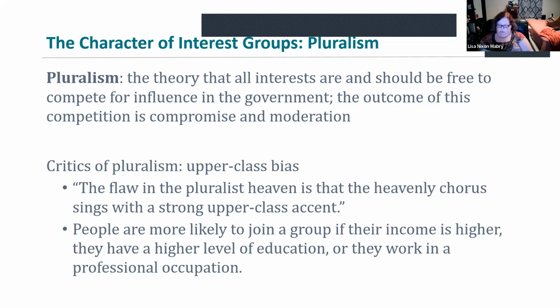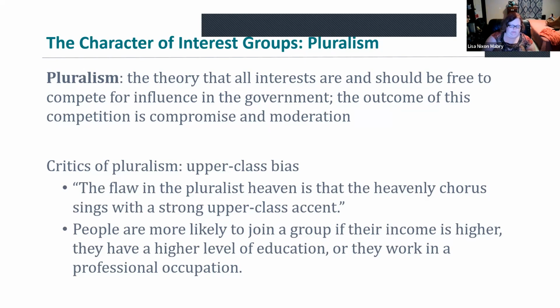Research indicates, though, that through group politics, economic elites have considerably more influence than mass forces. This version of pluralism is called elite pluralism and more accurately describes American politics, because a lot of those people try to provide a voice for the voiceless. So as political scientist E.E. Schattschneider, I think I said that right, put it, the flaw in the pluralist heaven is that the heavenly chorus sings with a strong upper class accent.